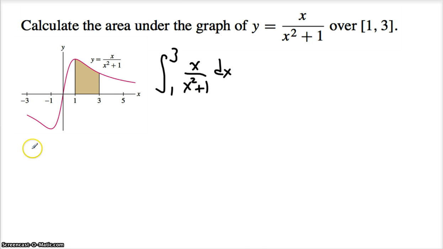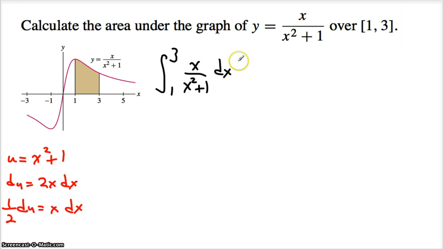Okay, so a substitution we're going to make here, we'll let u equal x squared plus 1. So du will equal 2x dx, and 1/2 of du will equal x dx. So we have the x dx here, so we'll replace that with 1/2 du.